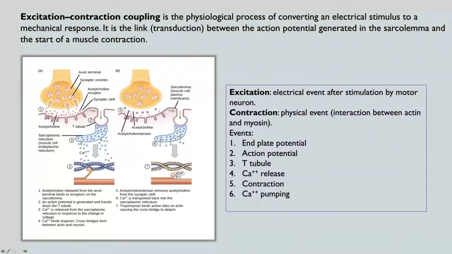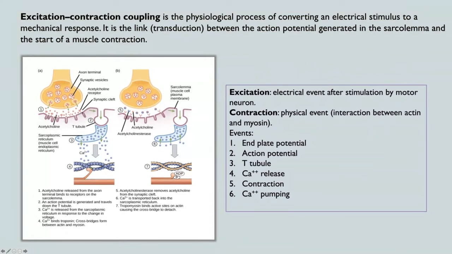When the action potential reaches this point, calcium channels open here, and the vesicles fuse with the membrane of the neuron, releasing acetylcholine or any other neurotransmitter into the synaptic cleft. Acetylcholine will bind to receptors on the postsynaptic membrane, the motor end plate, and this binding will open sodium channels that are here in the muscle fiber, in the sarcolemma.